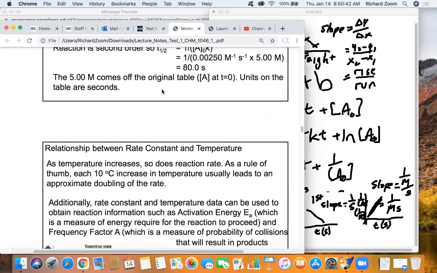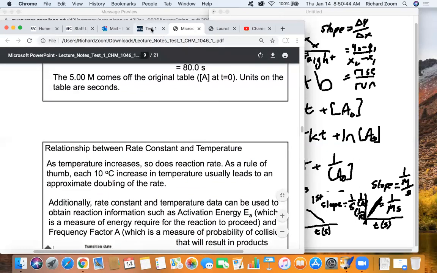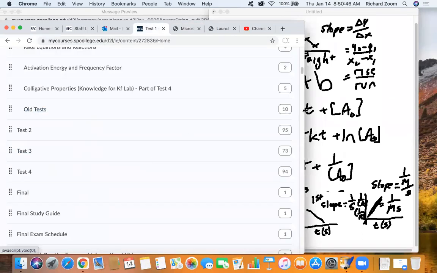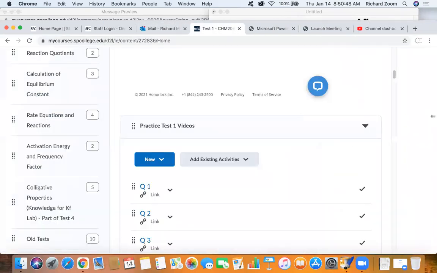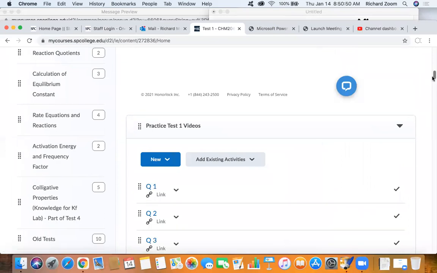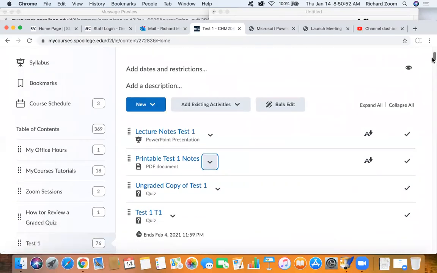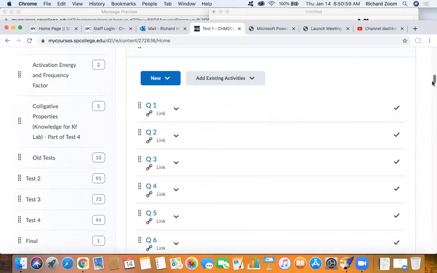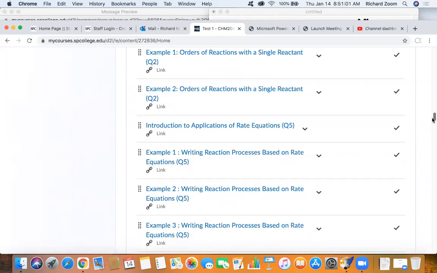All right, let's go take a look at some resources here and the stuff you'll have access to. So what I'm going to do is go to, let's see, I've got the media lectures here.